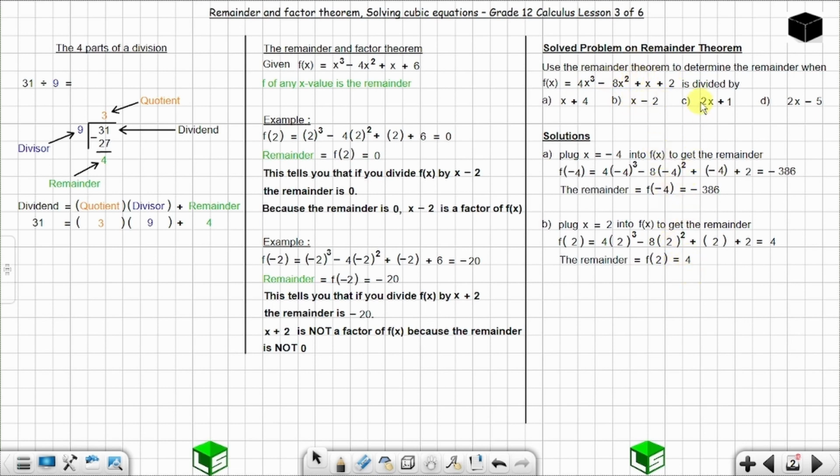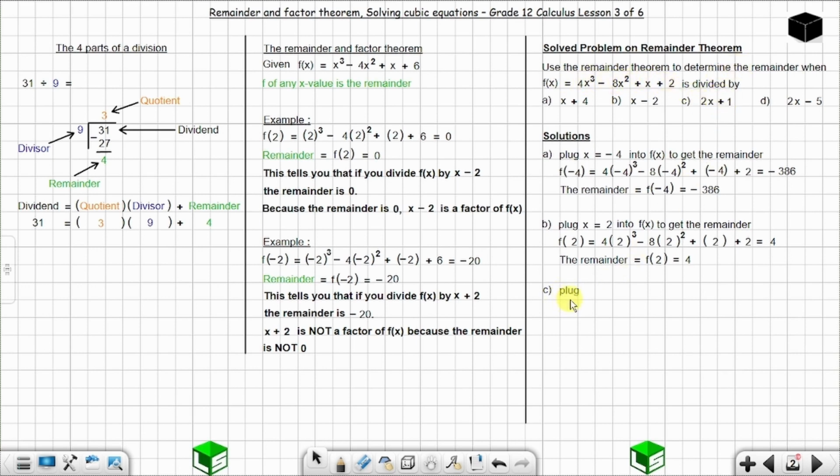Okay, now question C. You have used the remainder theorem to determine the remainder when f of x is divided by this. Okay, when f of x is divided by this, what will be the remainder?